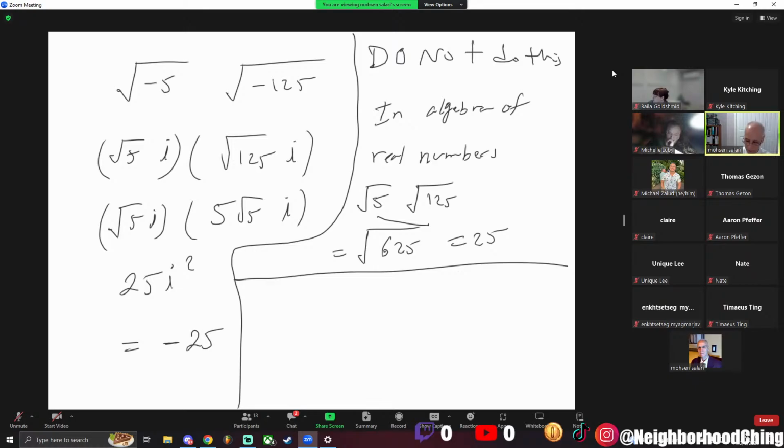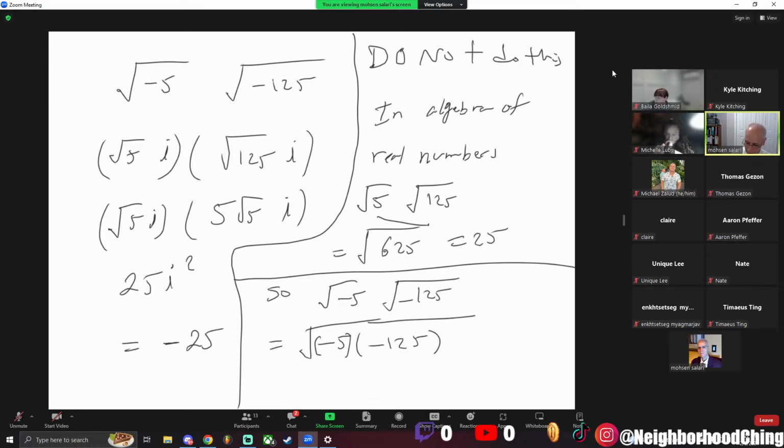So if I say root -5 times root negative 125, and then you say that equals the square root of -5 times negative 125, which equals the square root of 625, which equals 25, this is wrong, because this is not real number algebra.